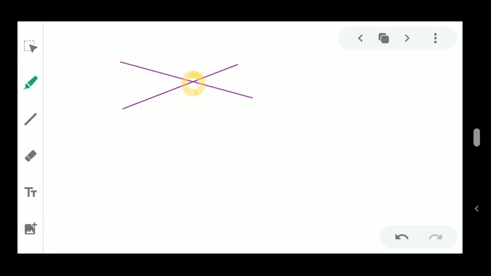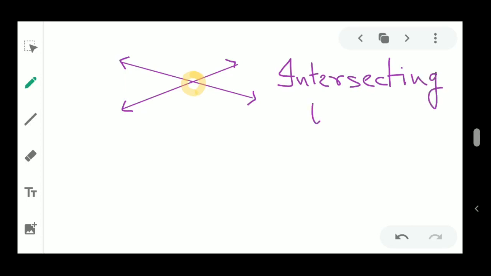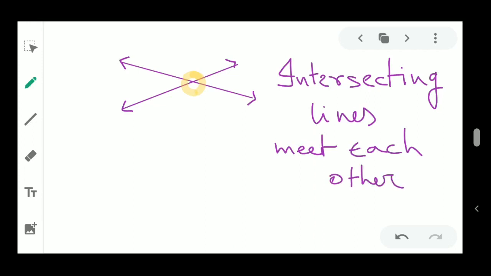So when two line segments or two lines meet each other, let's say two lines, which have no ends, if they meet with each other, they are called intersecting lines. Intersecting means when they meet each other.